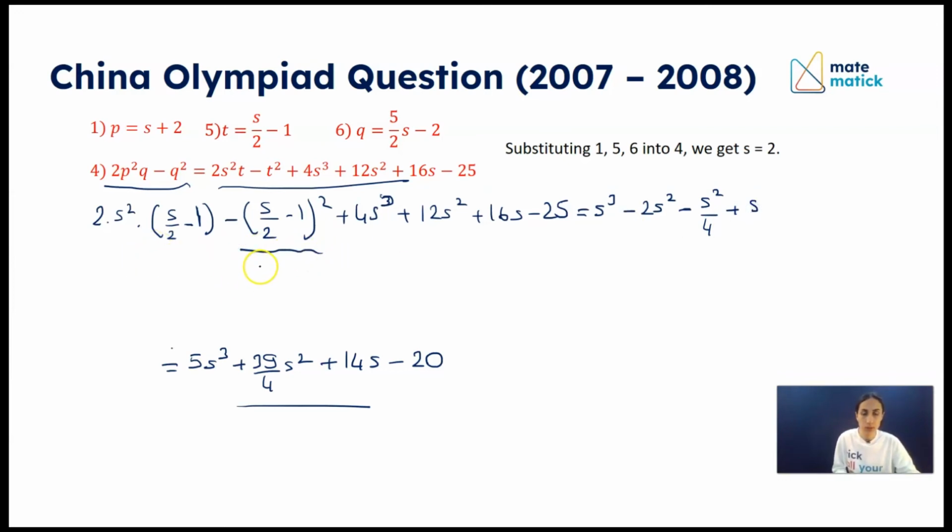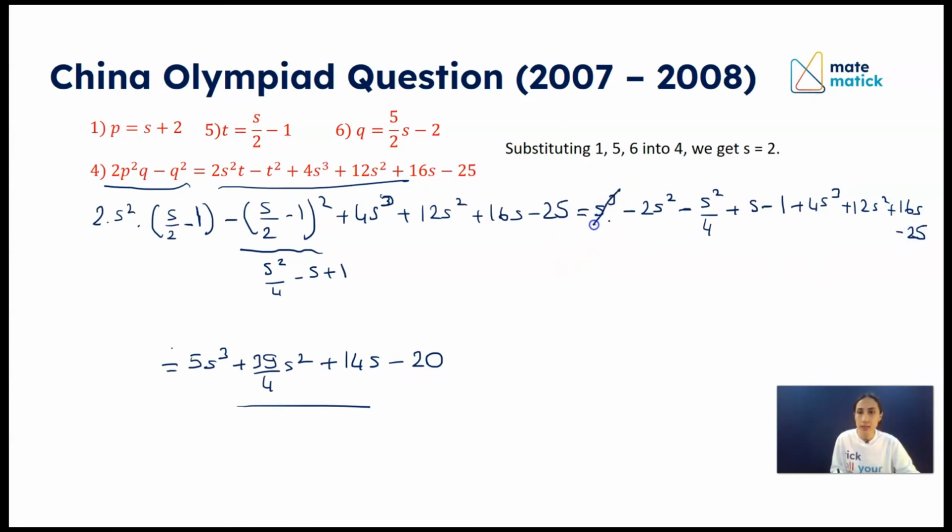Because let's take the square of this: S squared over 4 plus, minus S (2 times S), and plus 1. But of course this is in parentheses. When I take them out from parentheses, this will become minus S squared, this will become positive, and this will become minus 1. Okay, so here we have plus 4S cubed plus 12S squared plus 16S minus 25.